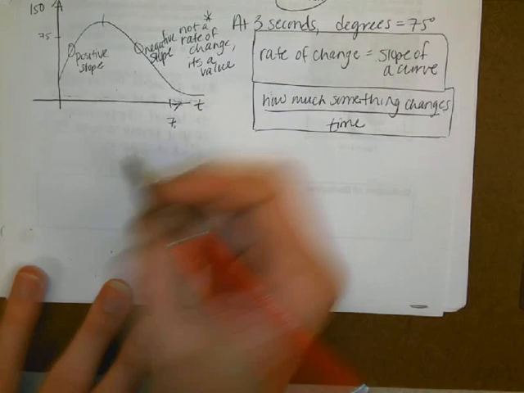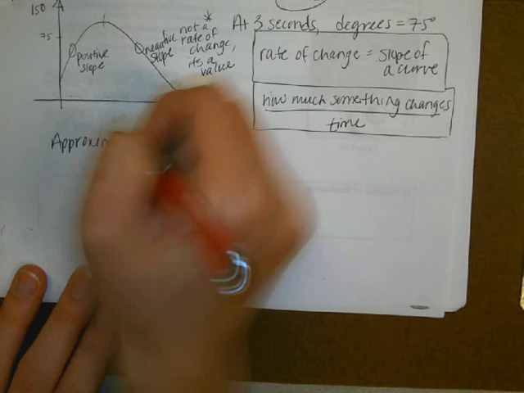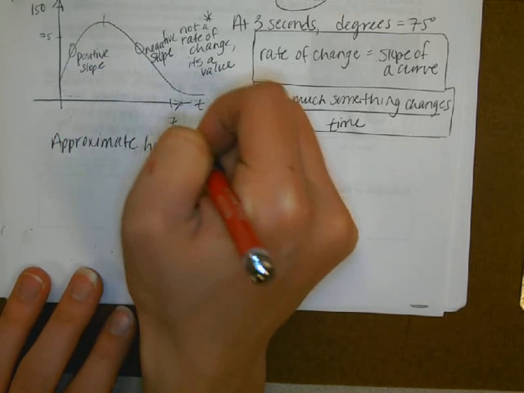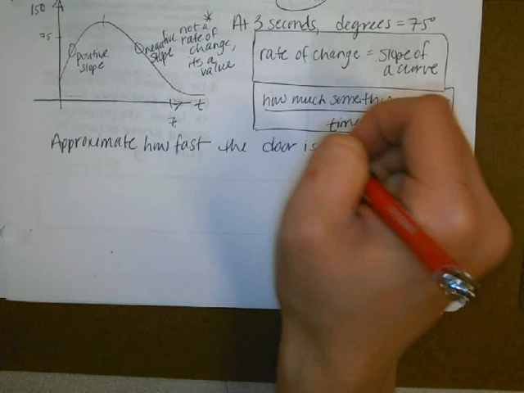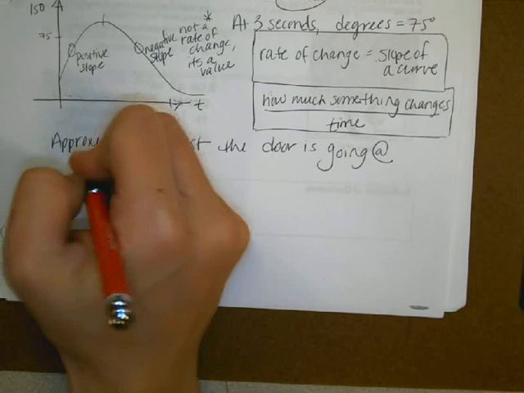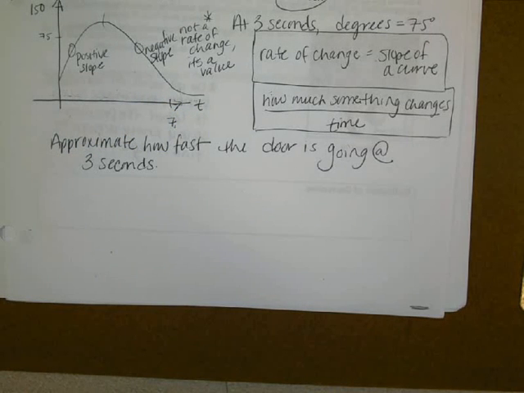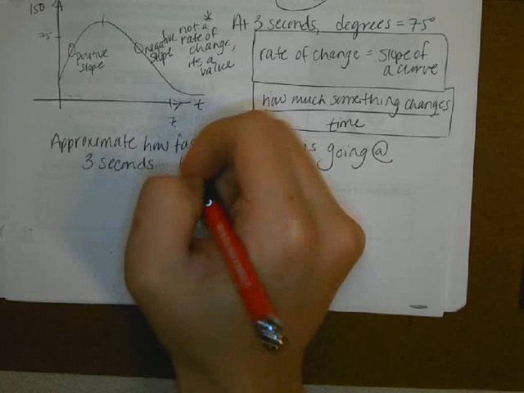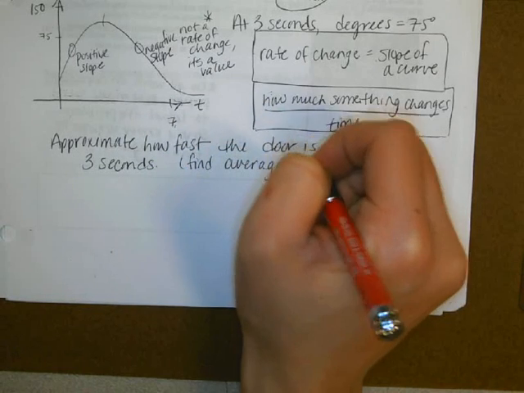Alright, so we are going to now approximate how fast the door is going at 3 seconds. We don't have the capability yet in calculus to find it at the instant of 3 seconds, but we can approximate by finding average rates of change.